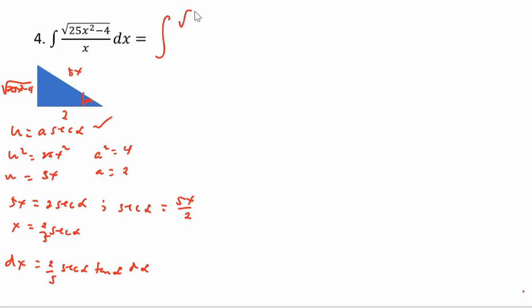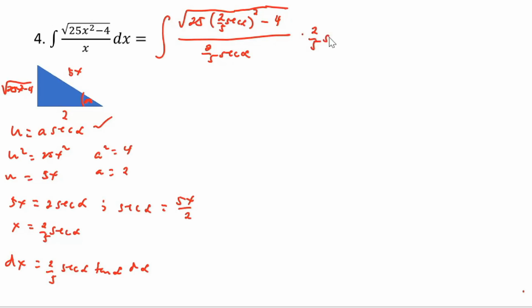So we have the square root of 25 and take the meaning of x. So our x is 2 over 5. So we have 2 over 5 of secant alpha, and then raise the power of 2, and then minus 4 all over, the meaning of x again is 2 over 5 of secant alpha times the meaning of dx, we have 2 over 5 of secant alpha tangent alpha d alpha.